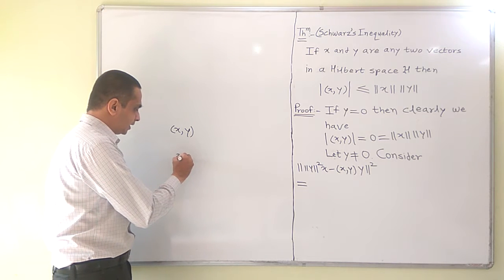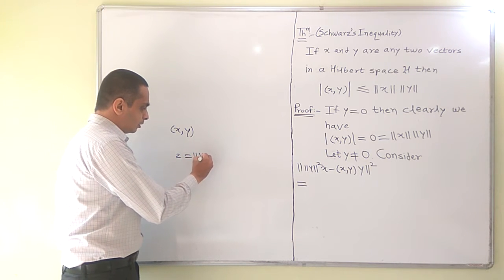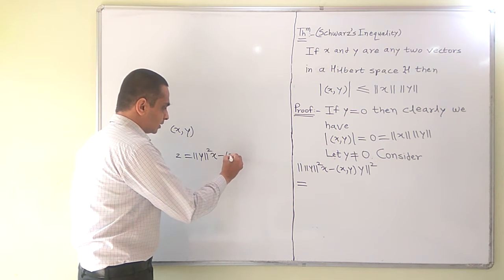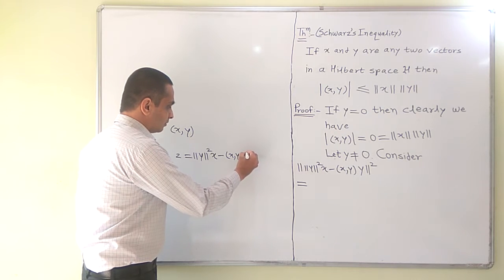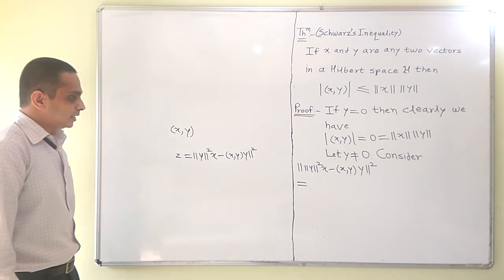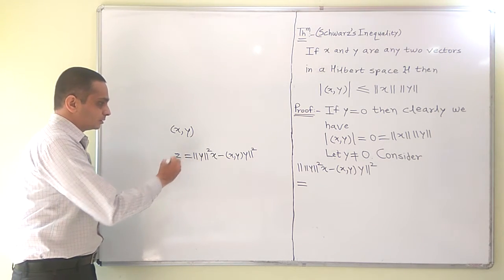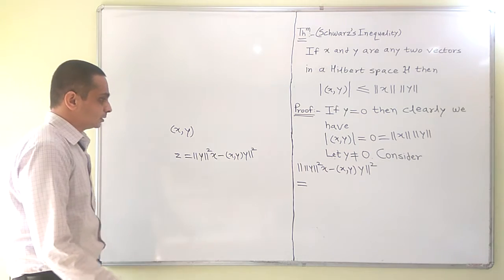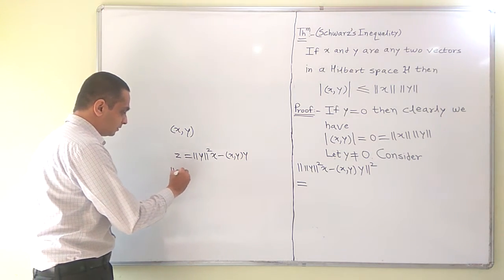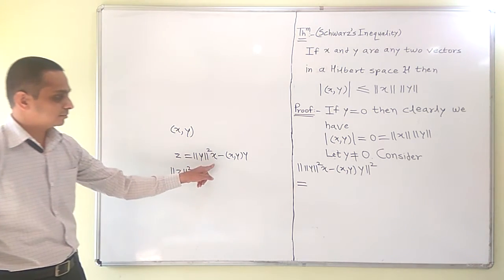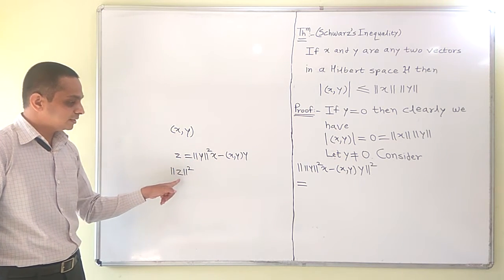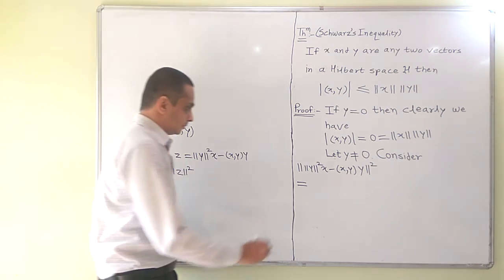Let us say vector z, which equals norm of y square x minus inner product xy times y. So we are considering norm z square, where z is this vector. You carefully get this.